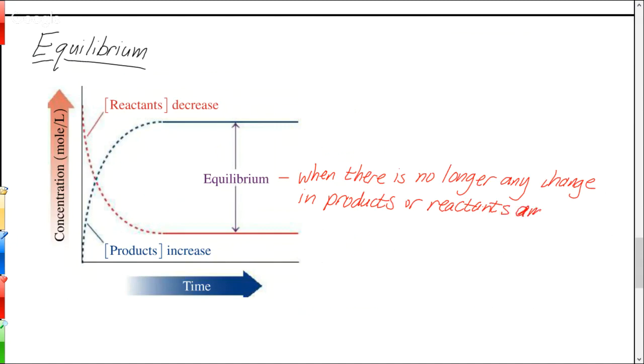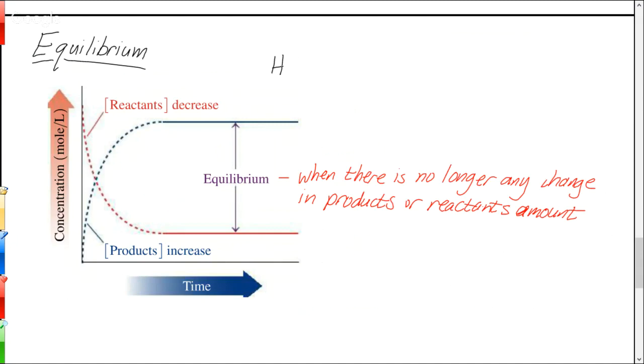And specifically, we're talking about amount or concentration. So you start, you got all the reactants, then they start to get used up, and at some point, they're not getting used up anymore. And the reason for that is because of this idea of this double arrow that we saw in one of the reactions above.